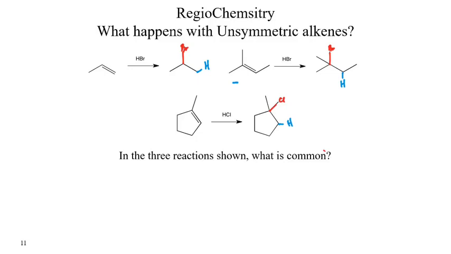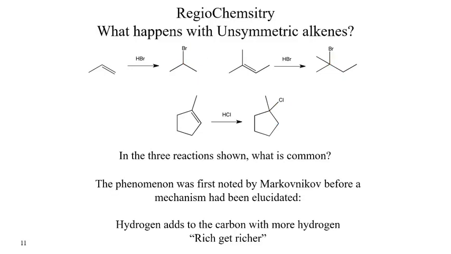And so this is what Markovnikov noted before a mechanism had been elucidated. That's kind of neat that he was able to make this observation. I do think it's a bit silly because that observation immediately comes from our understanding of electrons when we look at a resonance structure.